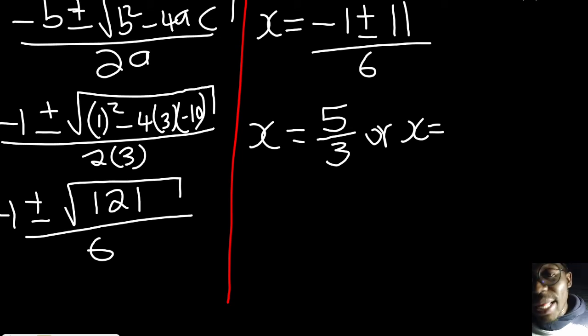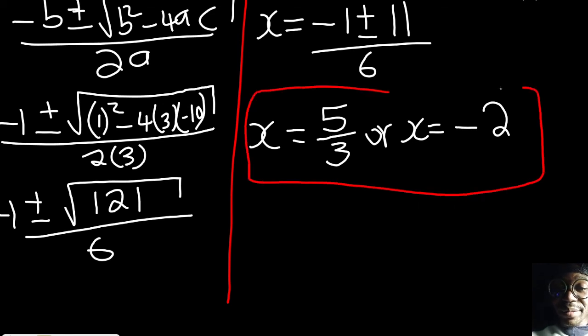Now forget about the plus and focus on the minus. Negative 1 minus 11 is negative 12, divided by 6. It's going to be reduced to negative 2.